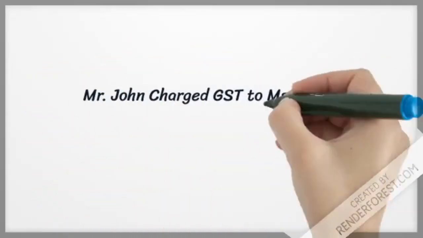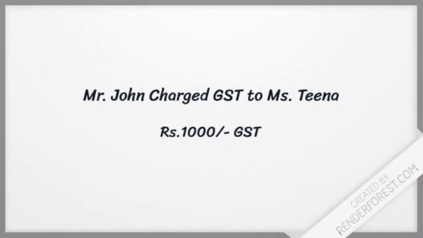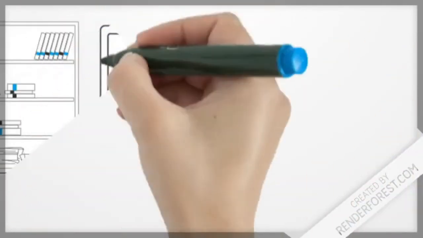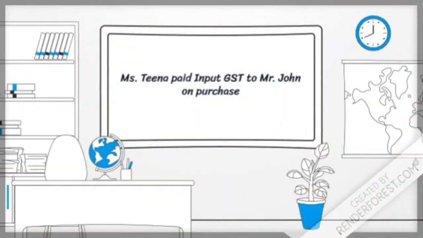Now if we see the calculation here, Mr. John charged GST to Miss Tina rupees 1,000 and he is going to get that amount from Miss Tina. So from Miss Tina's point of view, she has paid input GST to Mr. John on purchase of laptop.